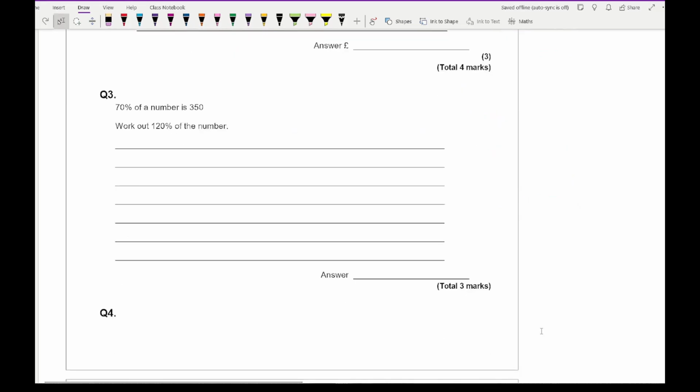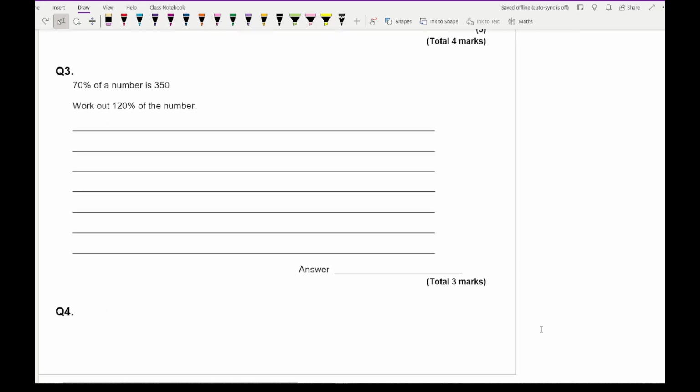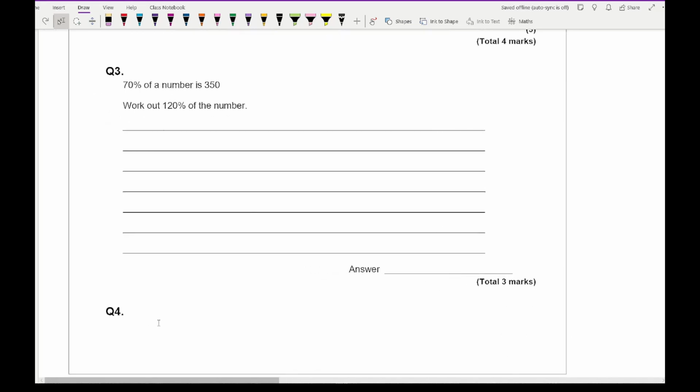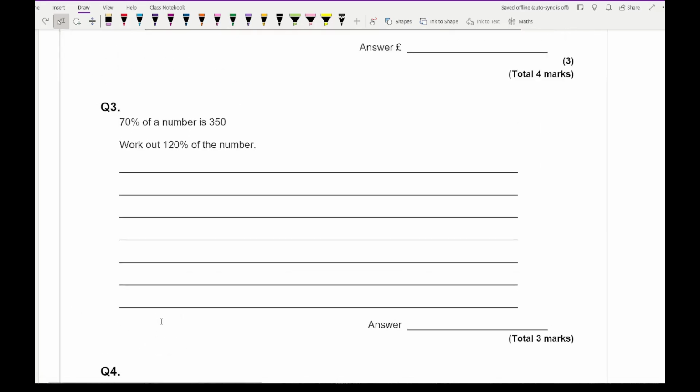Then moving on to question 3, it says 70% of a number is 350, and it says for me to work out 120%. Well, if 70% is equal to 350, then I can work out what 10% is by dividing by 7, and 350 divided by 7 gives me a value of 50.